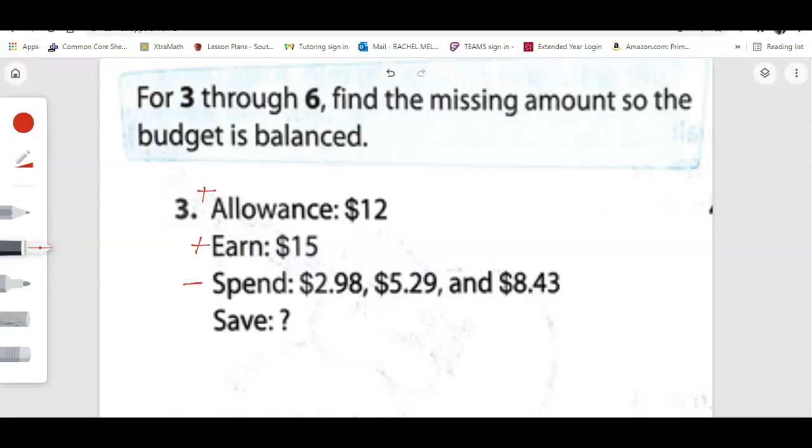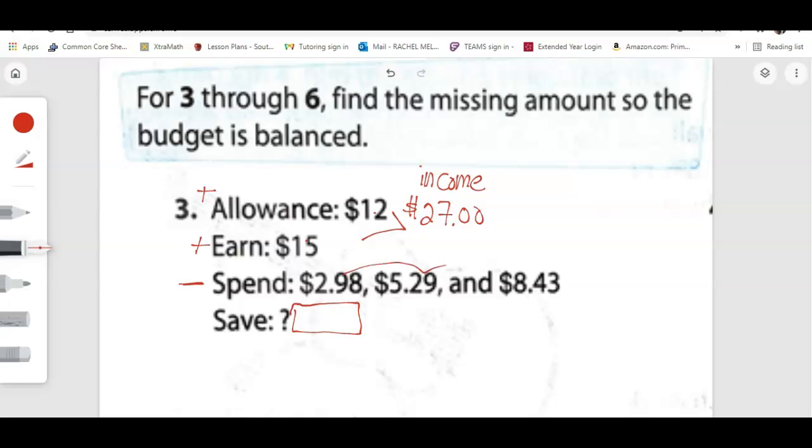Spending is a debit. And it shows me I need to find out how much I can save. So this is pretty much just like the last question. Okay, so the first thing I need to do is add all of my income. And I know that 12 and 15 is $27. Okay, so again, that's my income.